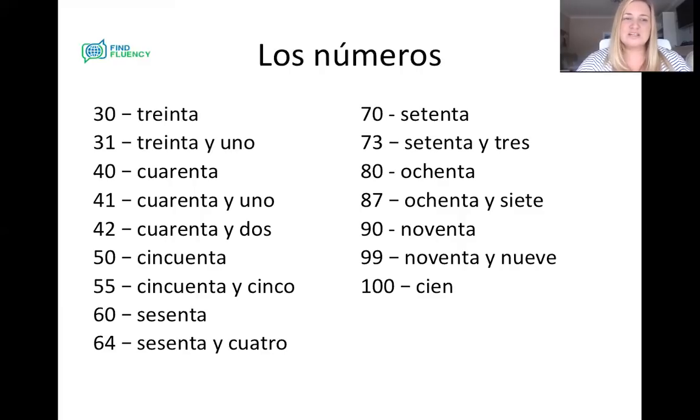Let's just go over the pronunciation again. I'm just going to go 30, 40, 50 and so on. And you can maybe repetimos en español, practicamos. So repeating them in Spanish, practicing them a little bit, right?